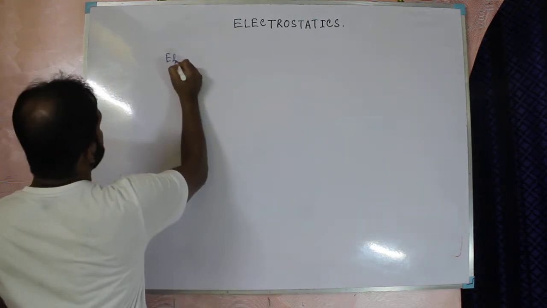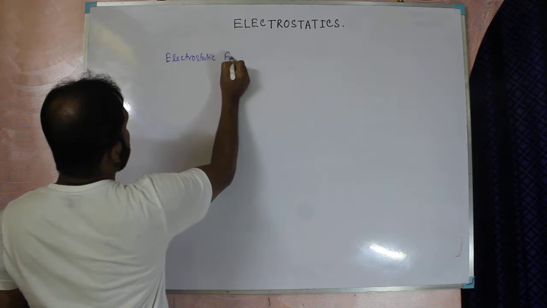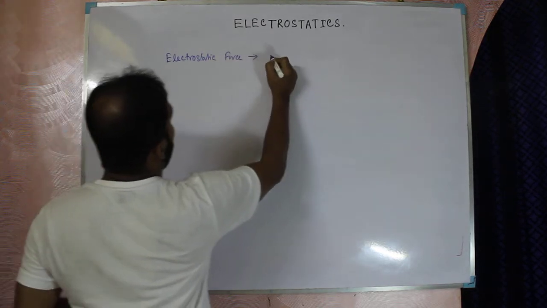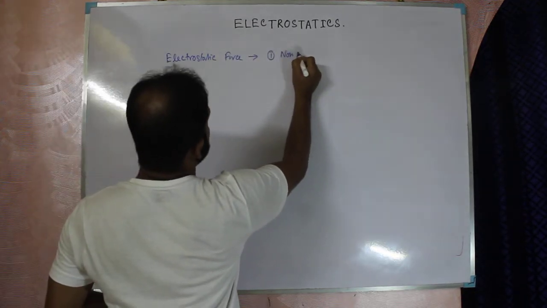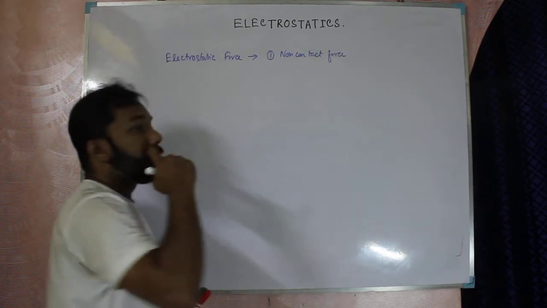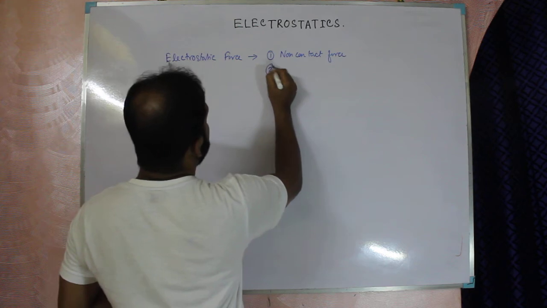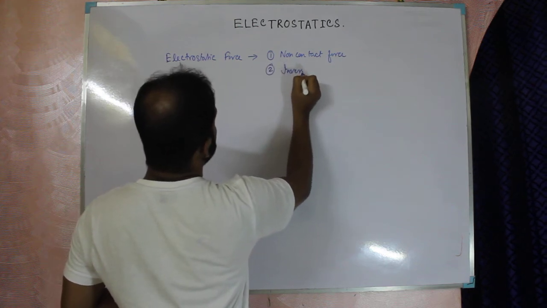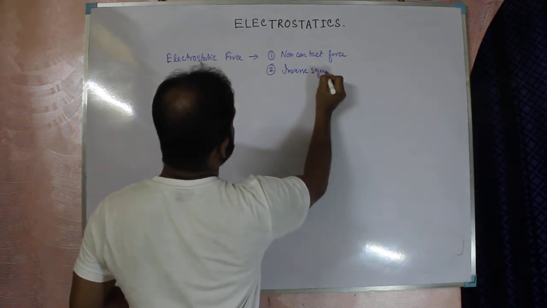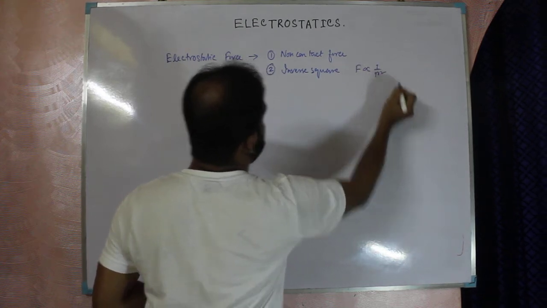Electrostatic force is a non-contact force, just like gravitational force and magnetostatic force. Also it is called inverse square force. Inverse square, this term comes from the fact that F is proportional to 1 by r square.